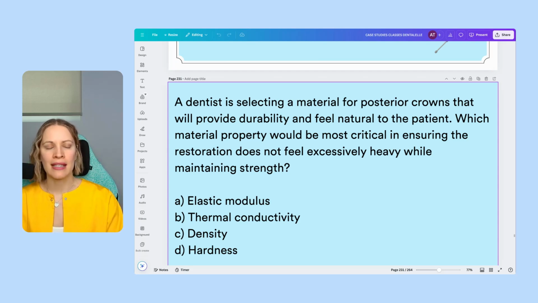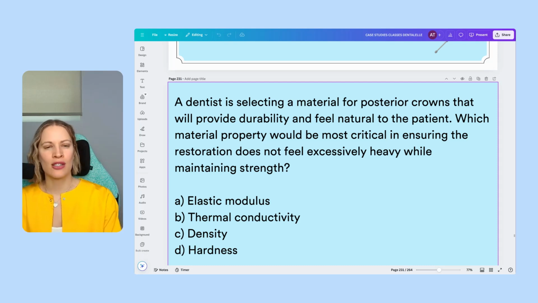When we're making an anterior crown, we don't necessarily have to worry about strength, so we could use a different material that looks better in the mouth. But for the back teeth, you can't see it. There's a variety of crown materials we could use, but in this case study the dentist wants durability and a natural feel for the patient.